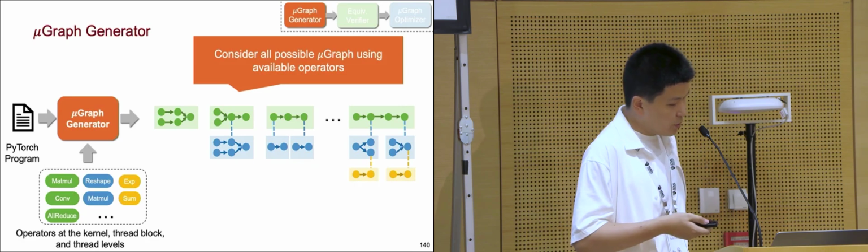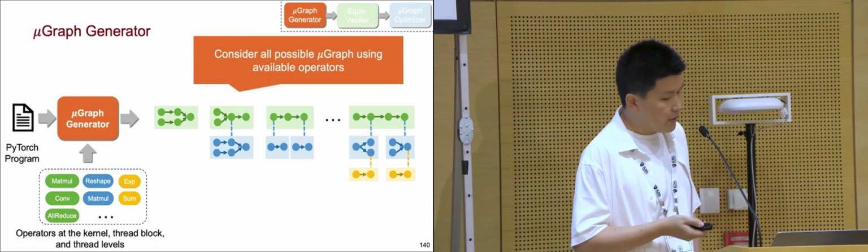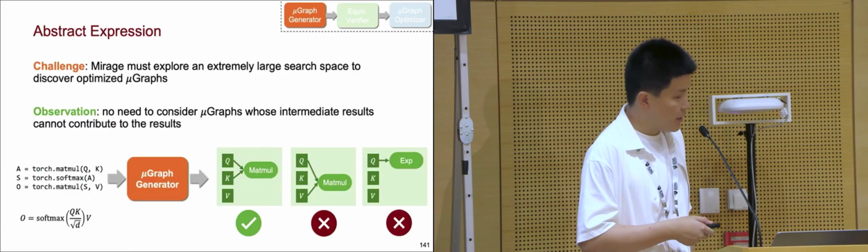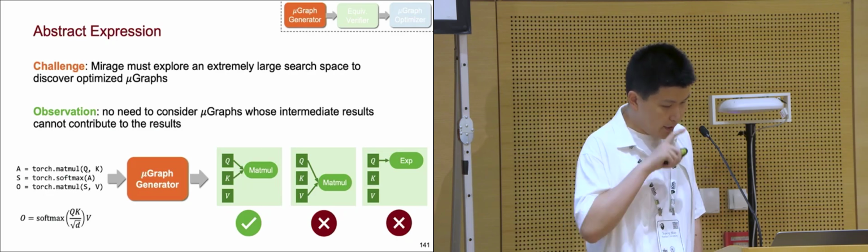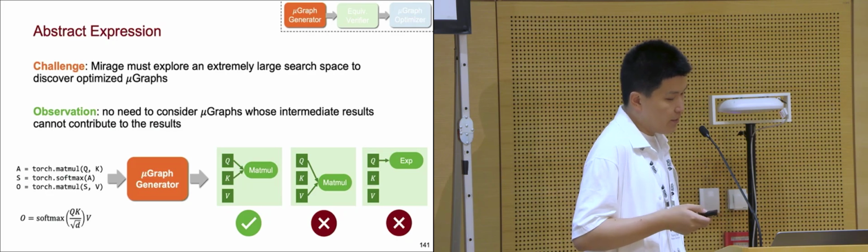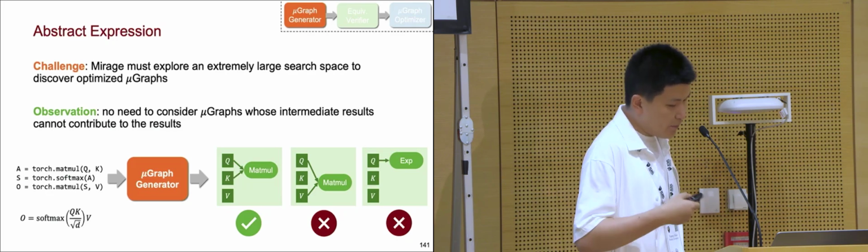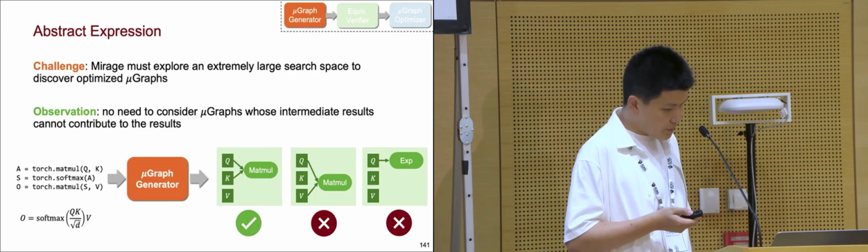Next, the generated mu graphs are sent to the equivalence verifier to verify the correctness of these mu graphs. Finally, all these verified mu graphs are sent to the mu graph optimizer to further optimize their performance, and as a result, the best mu graph is used to generate the final GPU kernels.